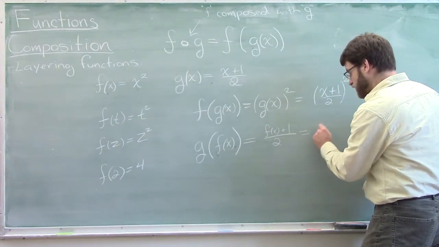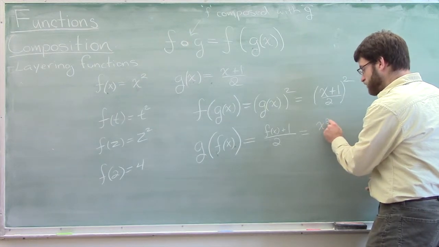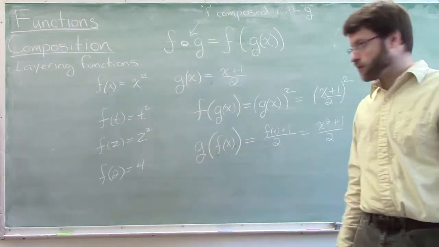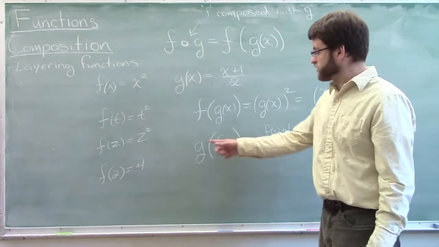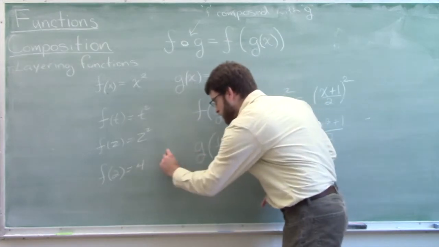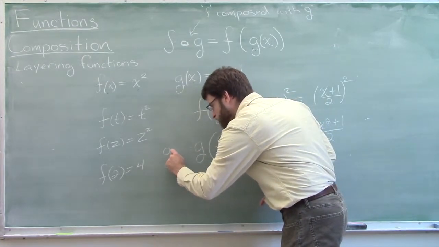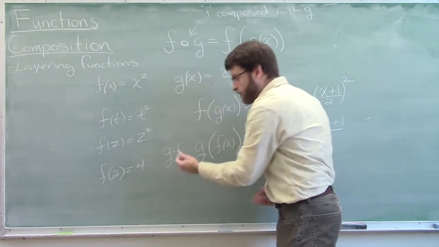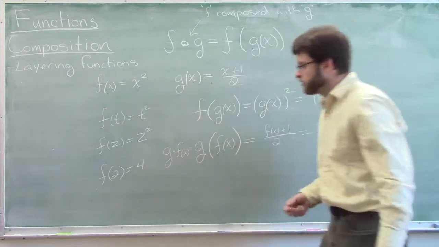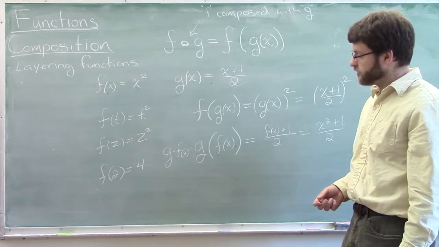And this looks like (x squared plus 1) over 2. Okay? So that would be the composition g composed with f. If I use this notation, it looks like g, little circle, f, and if I want to link that to argument notation, I can actually put an argument on the end there.